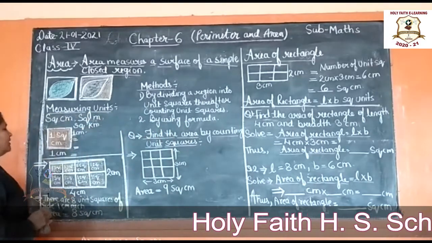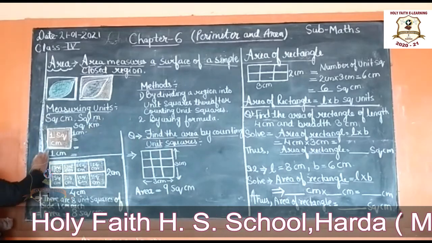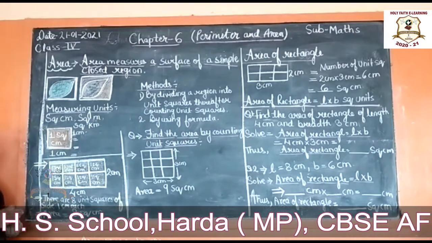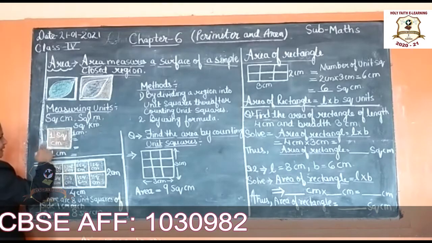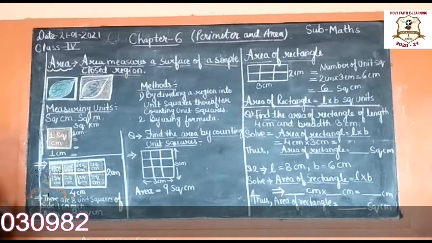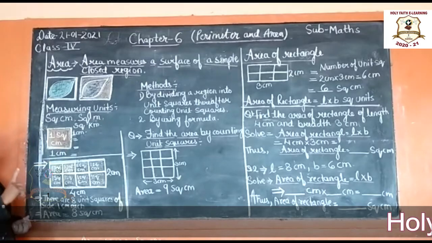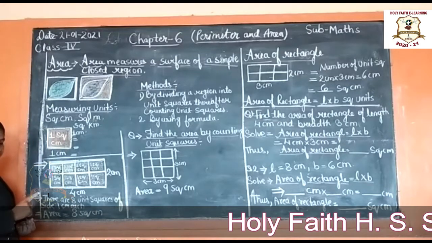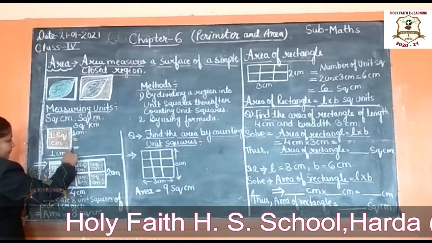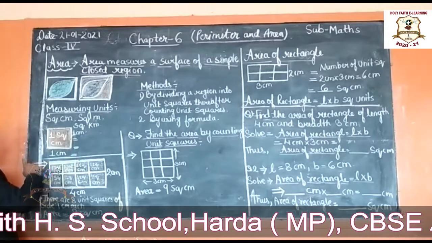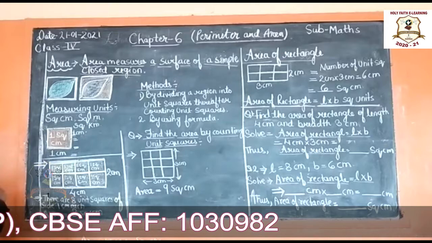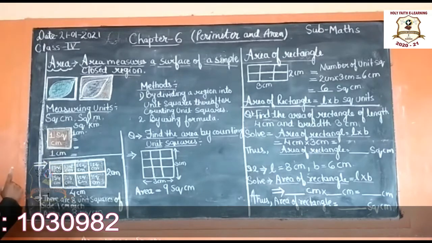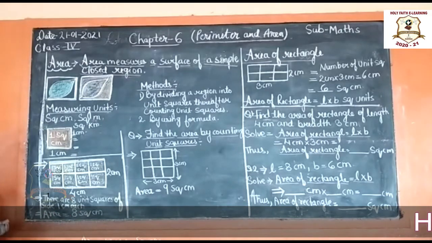Okay students, now here you can see this closed figure. The side of this closed figure is 1 centimeter. Here area is measured in square centimeter.